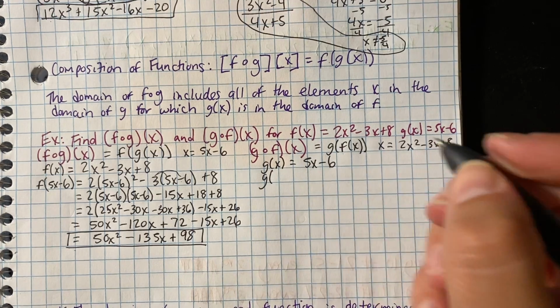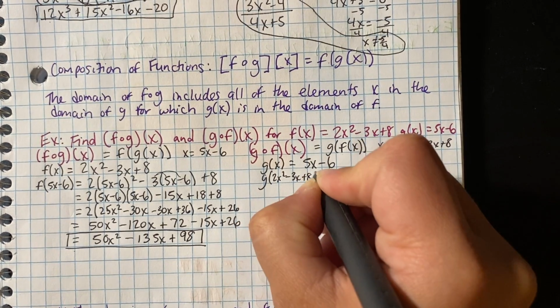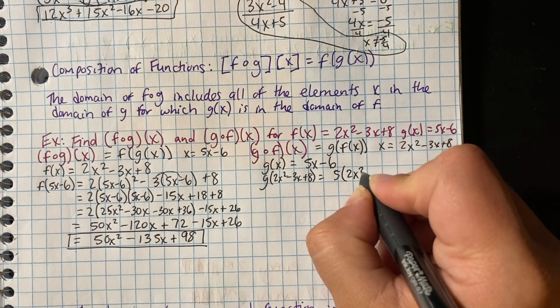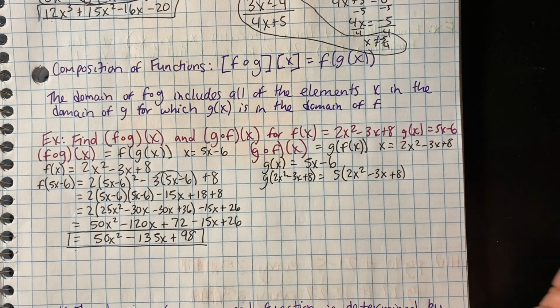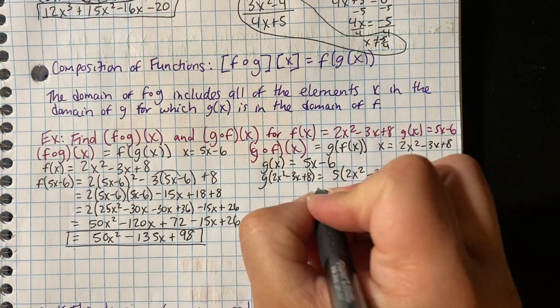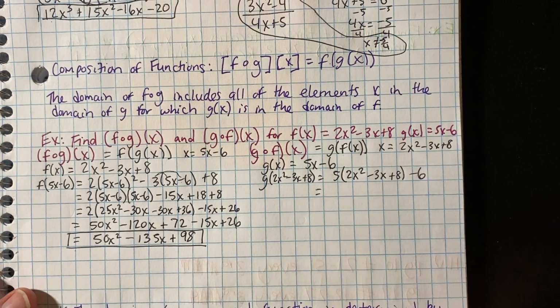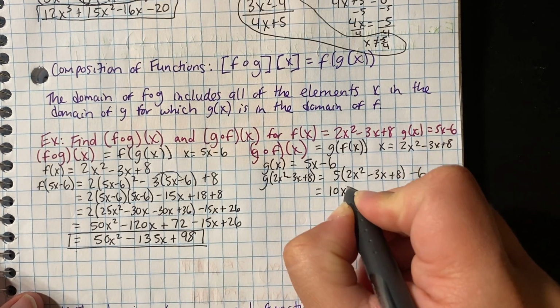And we're going to put 2x squared minus 3x plus 8 into that. All of this writing down I'm doing is so you can see it, but also so I don't lose something. Okay. All right, so we're going to distribute here.